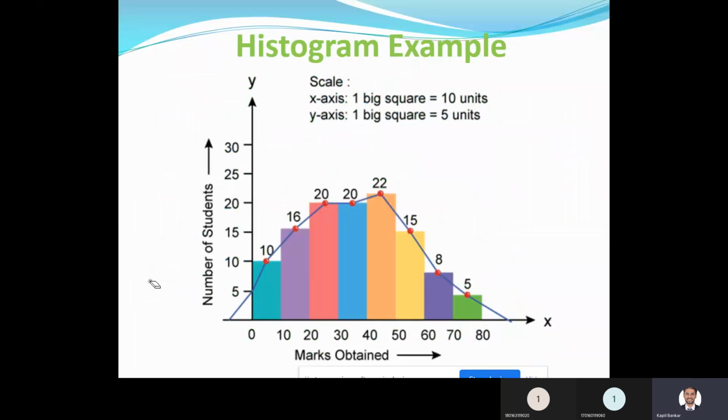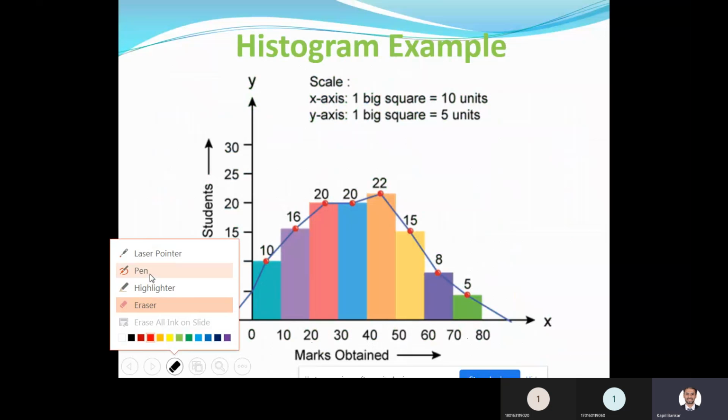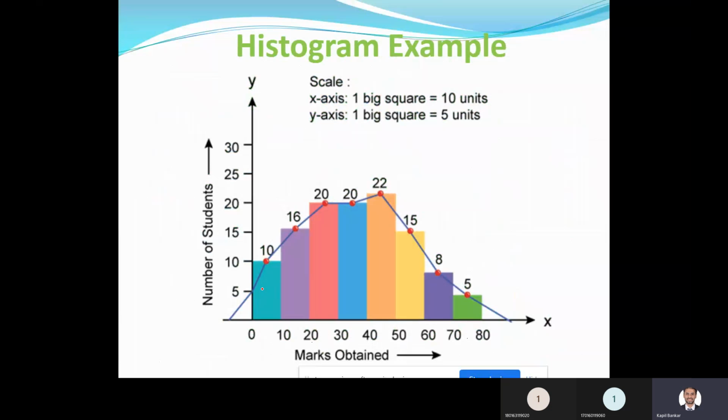Here on the x-axis, the marks obtained are continuous: 0, 10, 20, 30, 40, 50, 60, 70, 80. This is the first class, the first bin, which has a range of 0 to 10 marks. Under this range of 0 to 10 marks, how many students are there?